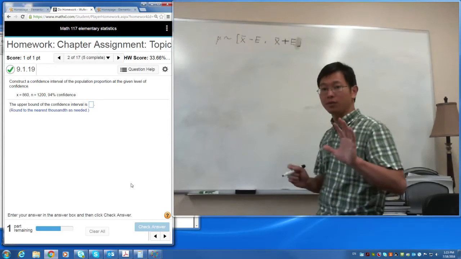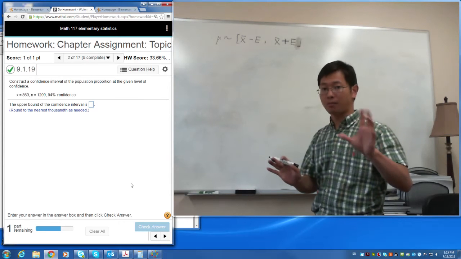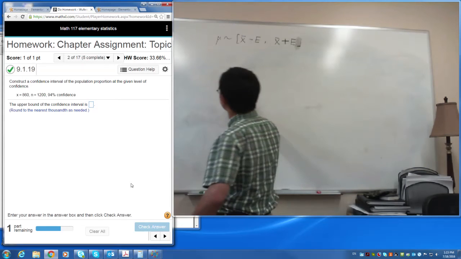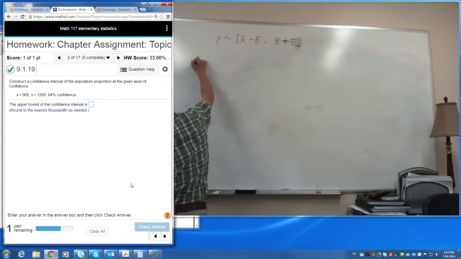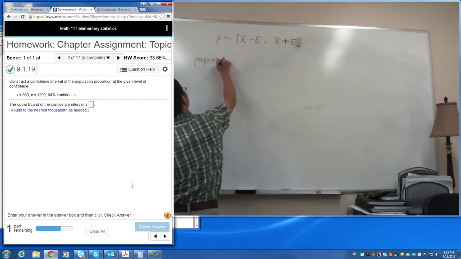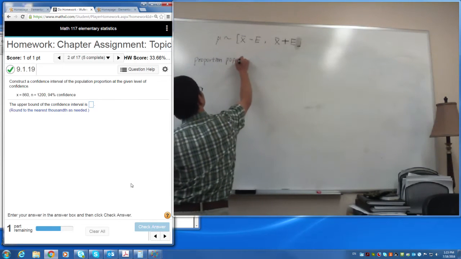So first I will give you the formulas for this chapter, the formulas you might need to use. The first one is to estimate the population proportion.